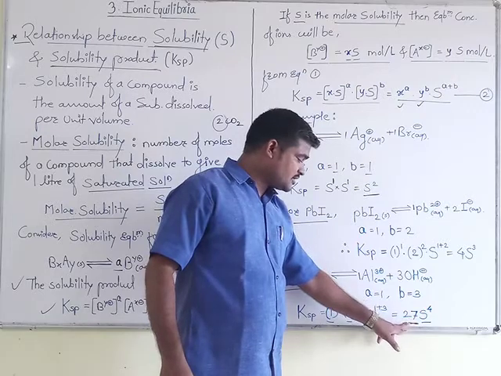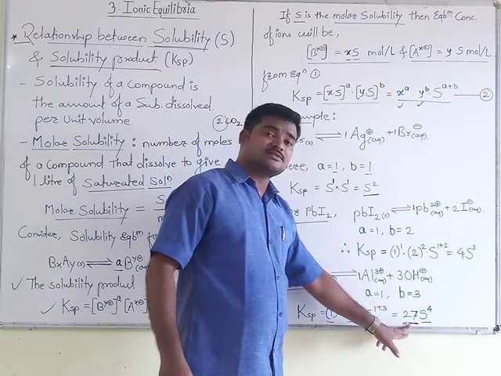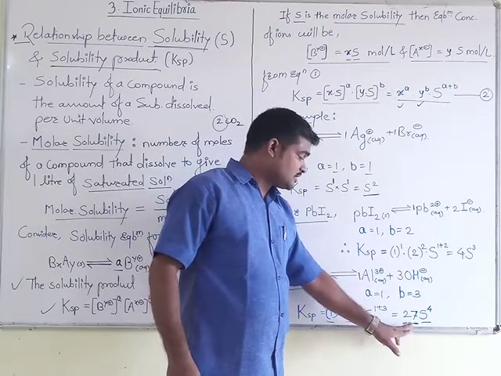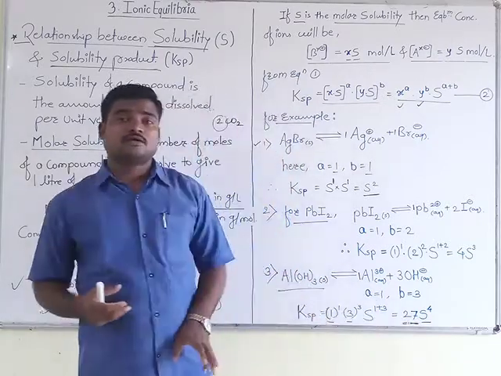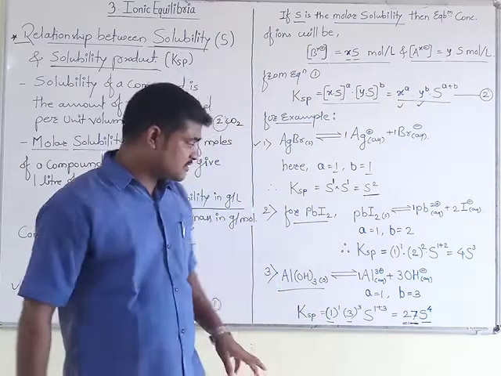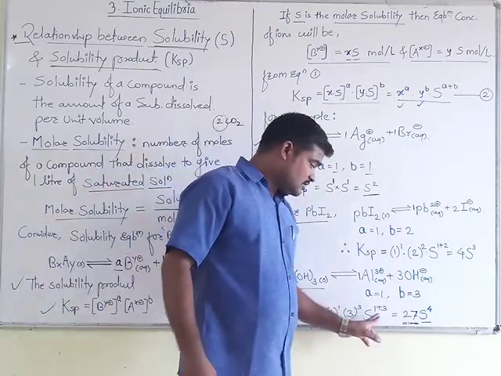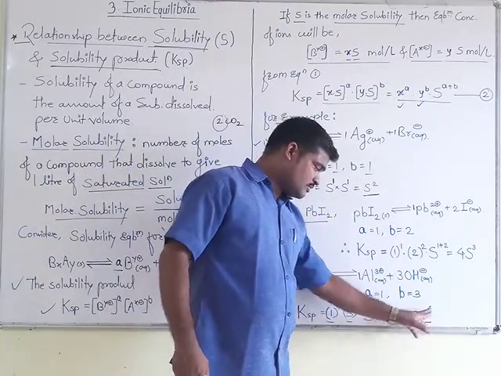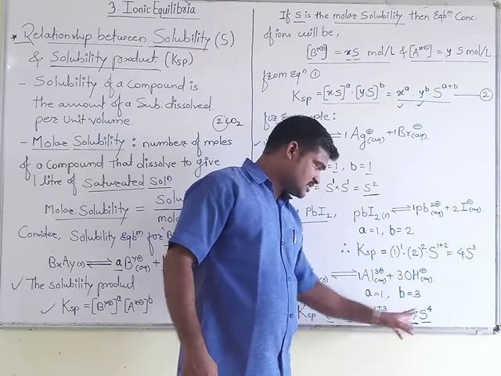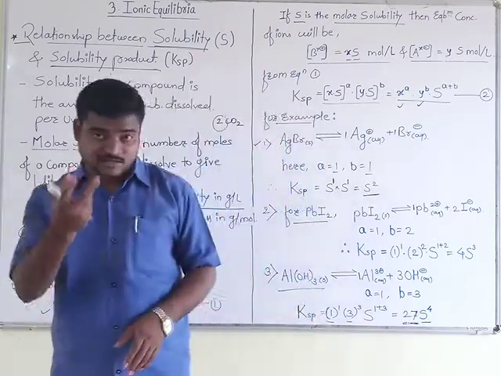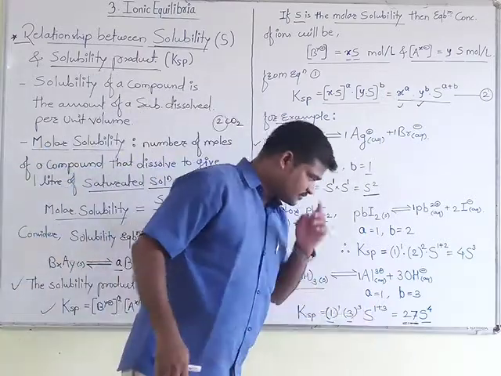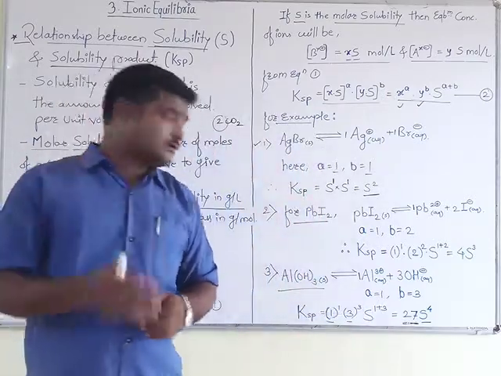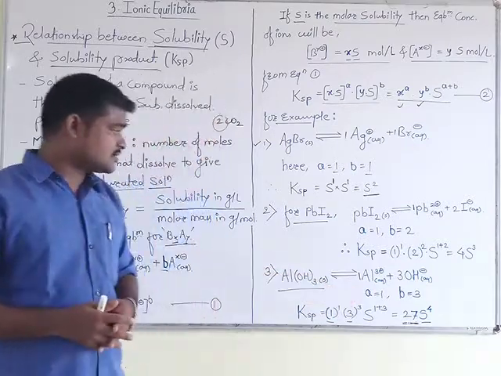So I have substituted that, that is 3 cube, that is 27, into s, and we have added their powers. If the base is the same, then s raised to 1 plus 3 becomes s raised to 4, that is 27s raised to 4. So this is the value, this is its final answer.